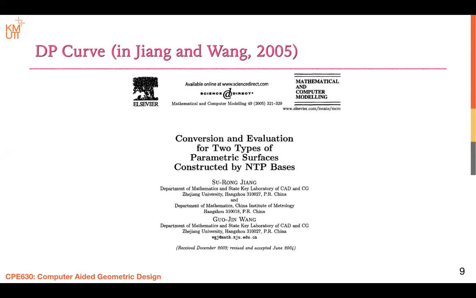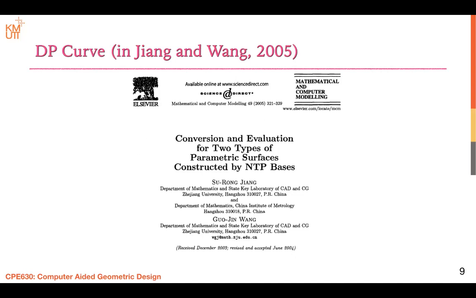Zhu Longjiang, I think he was a PhD student by that time, right? And in China, in Hangzhou, together with Professor Wang Gujin. Wang Gujin is not the professor who developed the Wang-Ball, right? Sorry, not Wang Gujin, Wang Guojin. Actually, Wang Guojin.